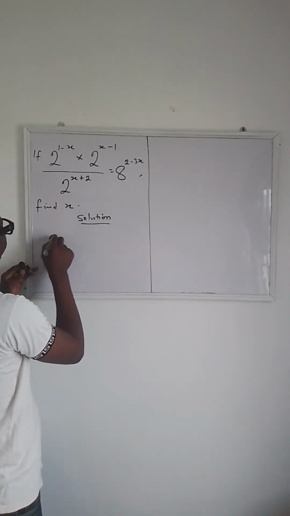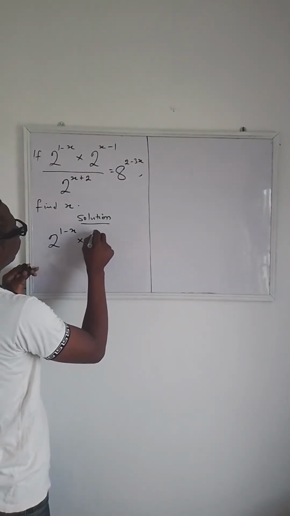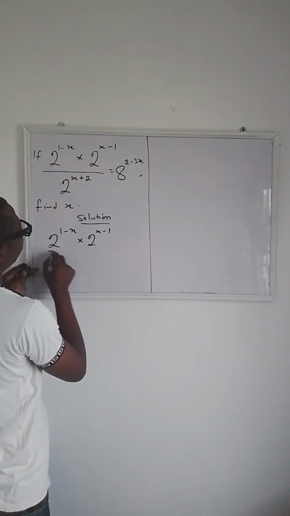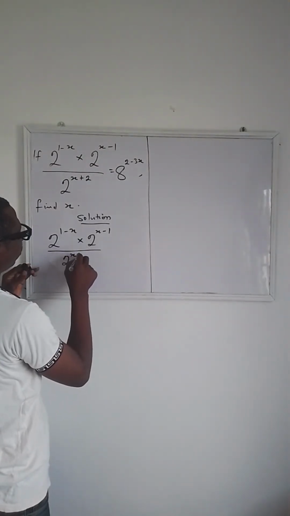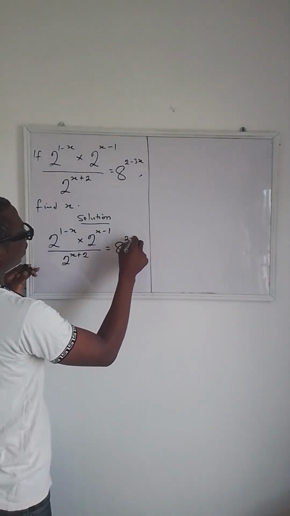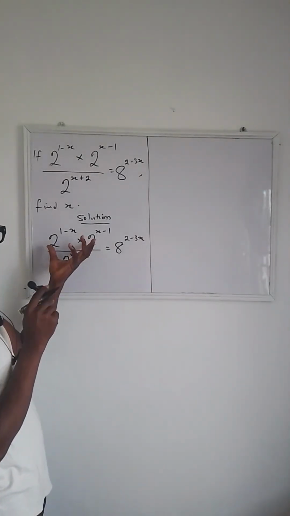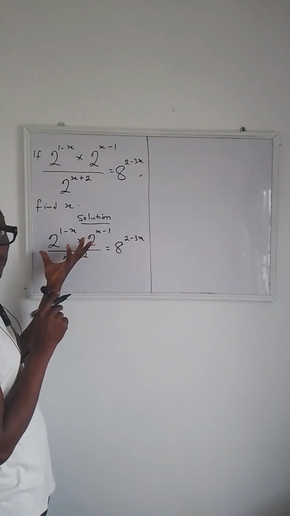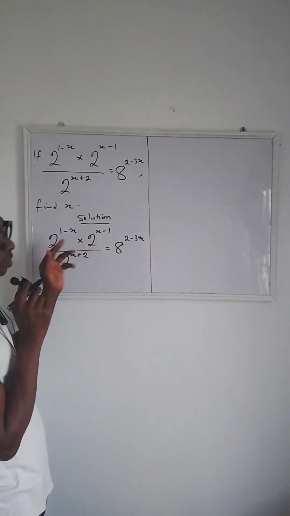We have 2 raised to the power of 1 minus x times 2 raised to the power of x minus 1 over 2 raised to the power of x plus 2 equals 8 raised to the power of 2 minus 3x. Now the first thing is to apply law of indices here. Look at the numerator. You can apply the first law of indices.